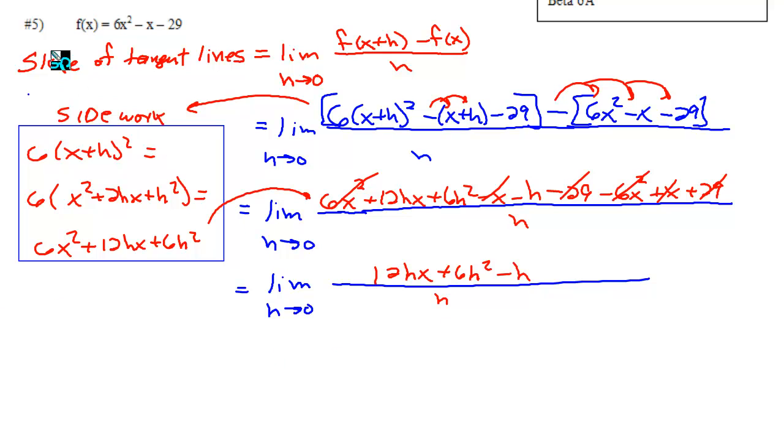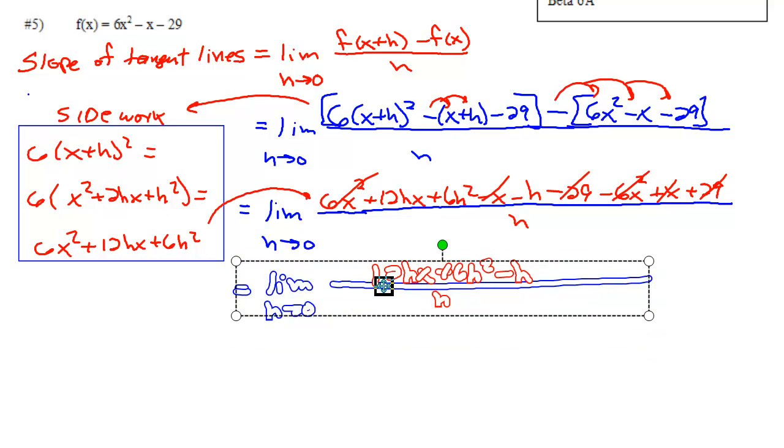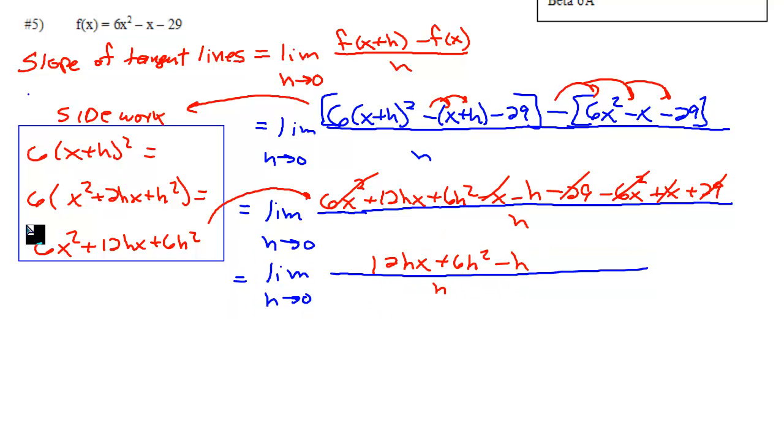I see a potential problem here for some people. If you made a mistake on this problem, it is likely on this very next step. Factor an h out of the numerator, you're left with 12x plus 6h minus 1.